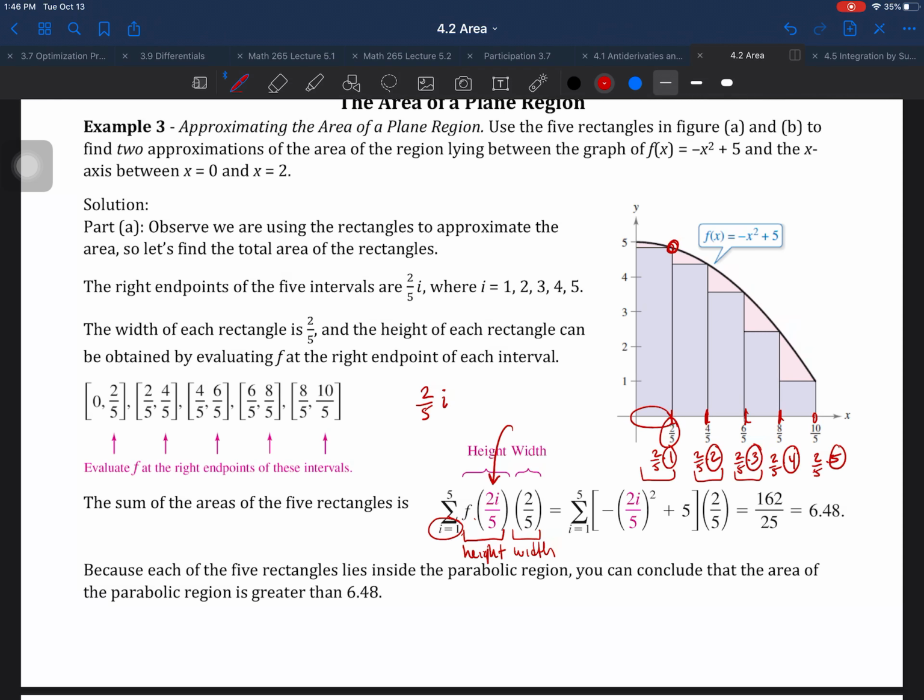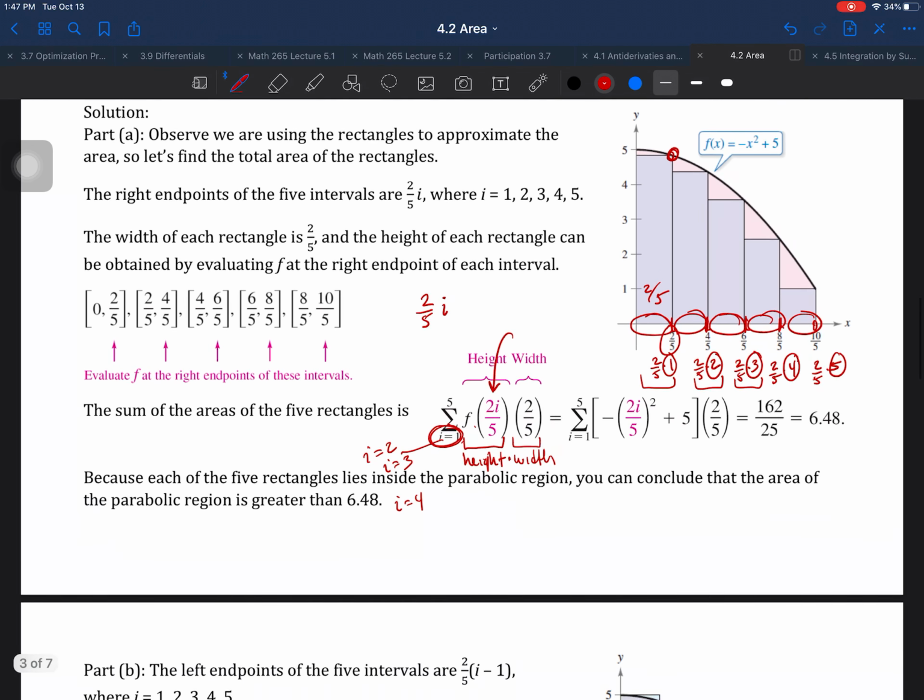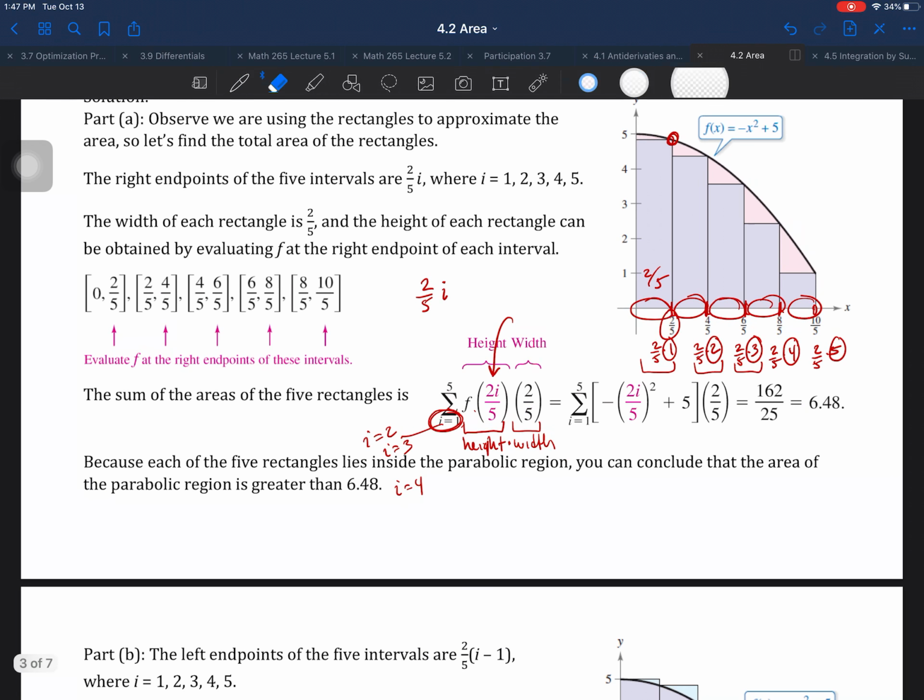Since our width is going to be the same, it's always going to be 2/5. Then we can always just multiply the height times the width, and that will give us one rectangle. And then we try this again with i equals 2, and then i equals 3, and i equals 4, and it keeps adding all the terms, right? So it seems like we're going to be adding a bunch of rectangles.